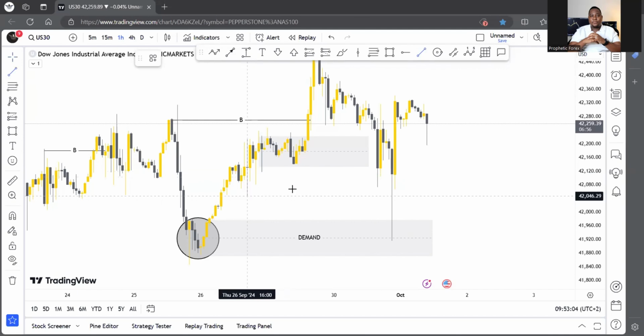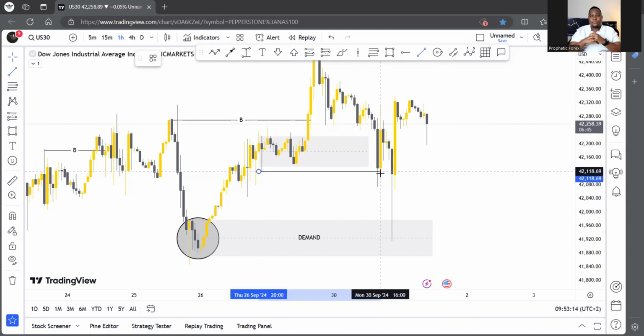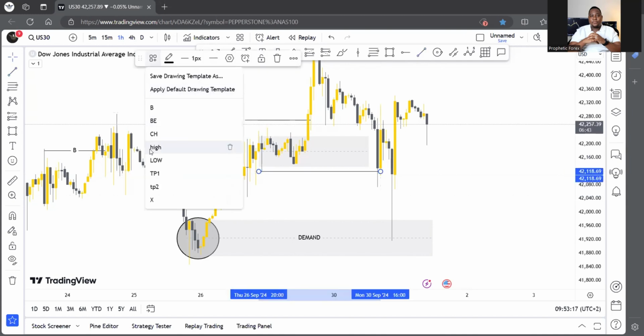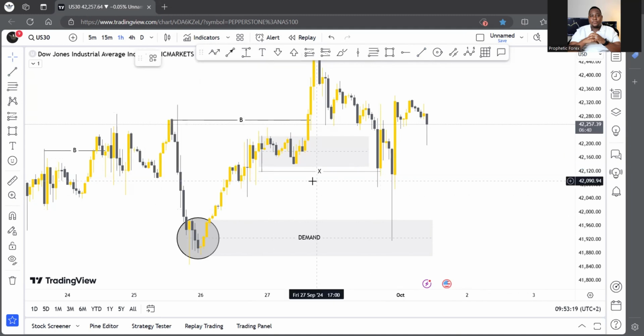By hindsight, we can see that the liquidity was this point, but by then, the liquidity was this low over here. I just label it with an X. The market induced us to buy, and it took our stop losses over here, and now with so much momentum continued up.